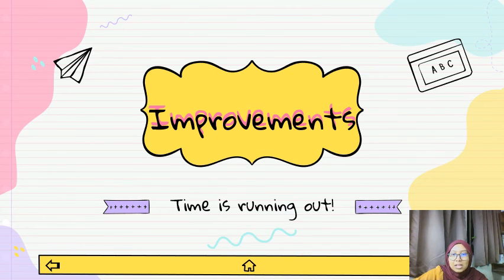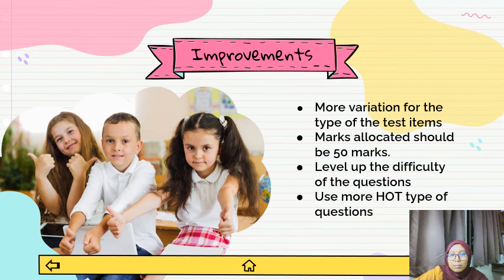All right, the last part of this presentation is about improvements, the things that I need to improve for the future. One of the points is more variation in the types of test items. Yes, I need to put various types of test items.